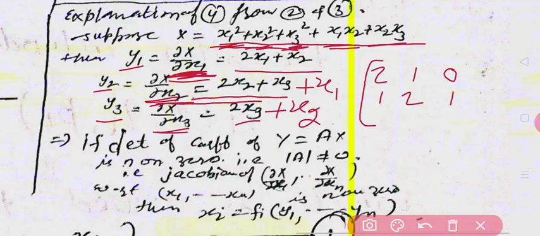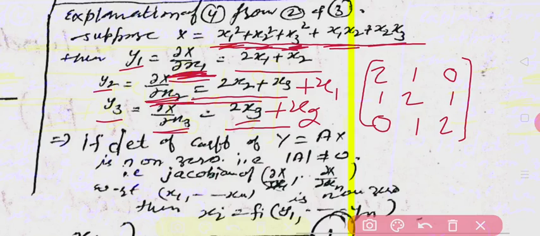So when you find out the derivative of y3 with respect to x1, that will be 0. With respect to x2, that will be 1. With respect to x3, that will be 2. Okay, so this thing we are getting, right? So by using this thing, you can check that when you find out its derivative, it will be this one.